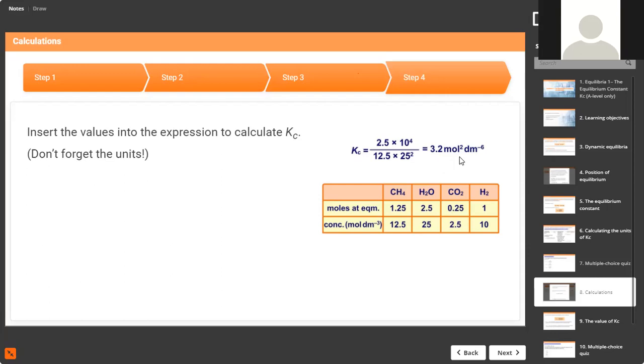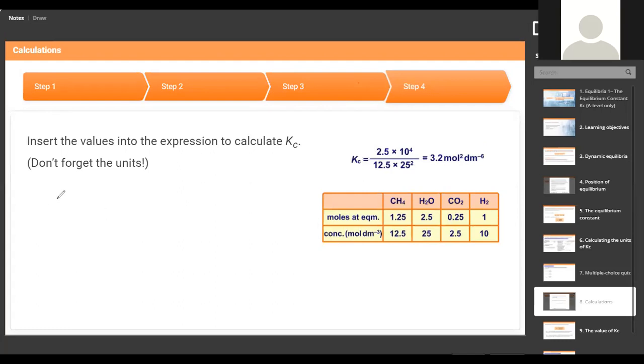I'm going to go through the units with you now and how we get these units. So if we have a quick look at units again, we've got CH4, so that'll just be moles. Oh no, sorry, CO2, and then we've got H2, so that would be moles to the power of 4.